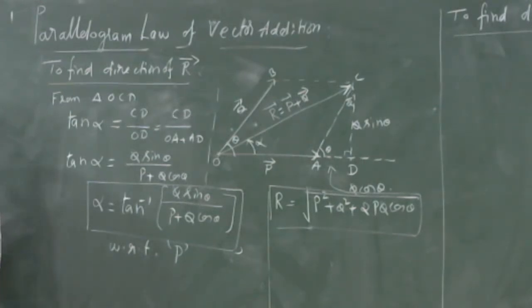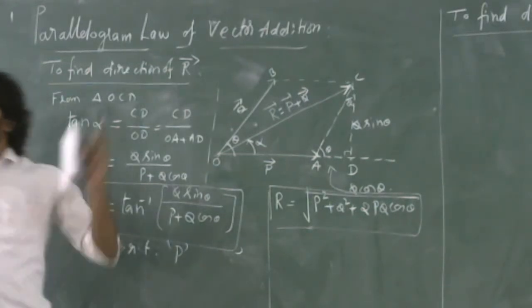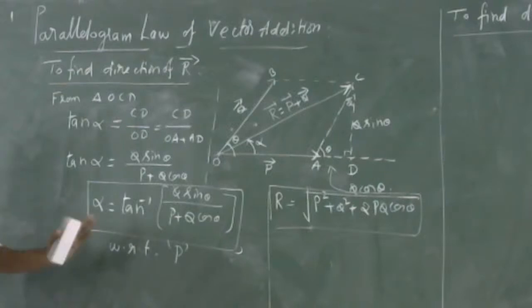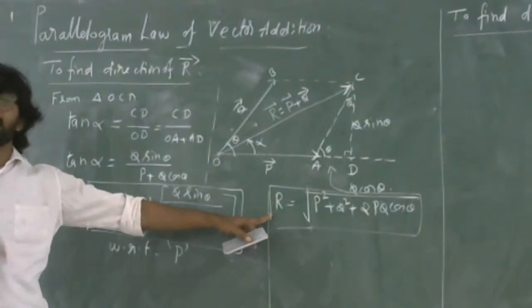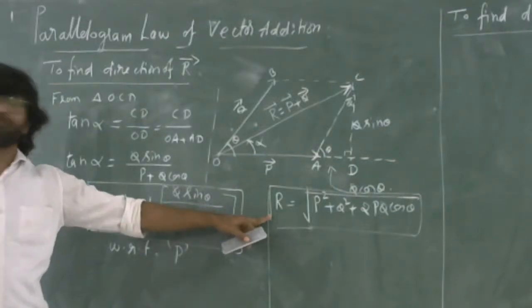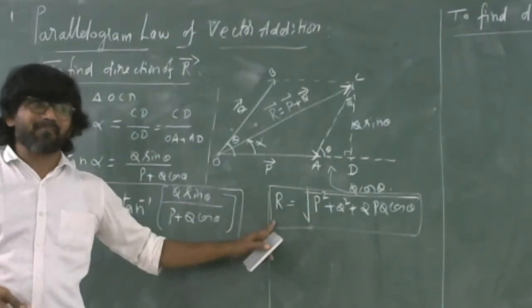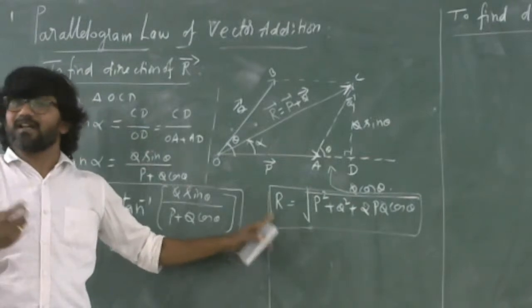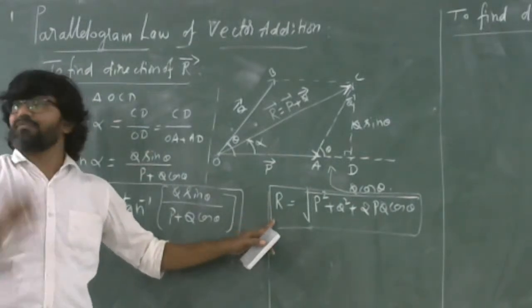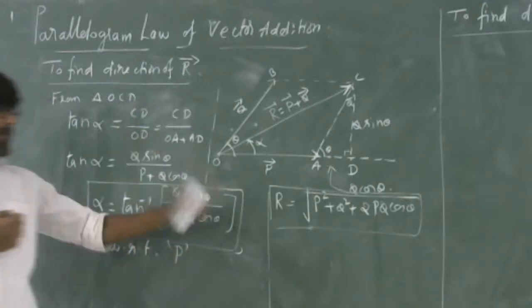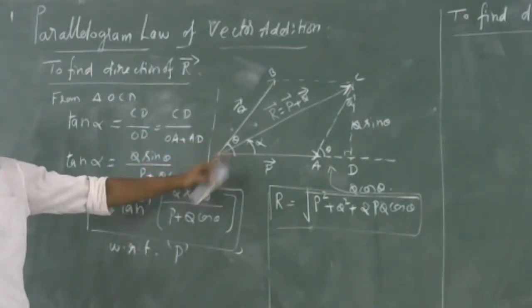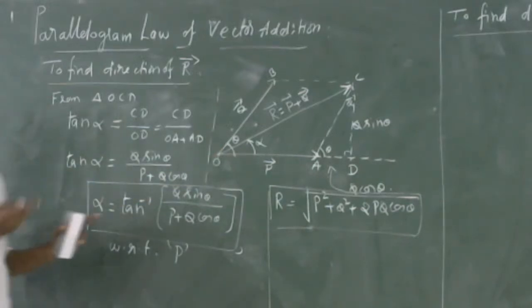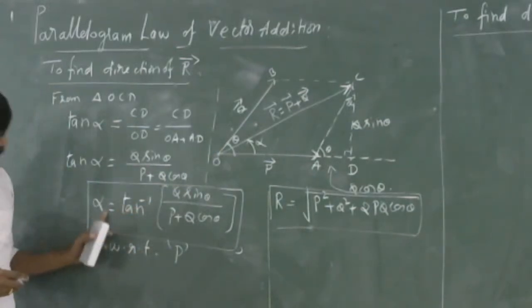Let us summarize these two points. This is briefly about the parallelogram law of addition. By using that, the magnitude of the resultant of the sum of two vectors P and Q, which make an angle theta with respect to one another, is given by this. And the angle made by the resultant with respect to P is this.